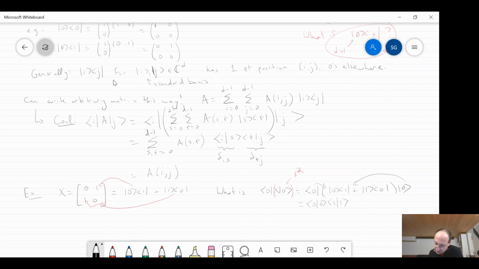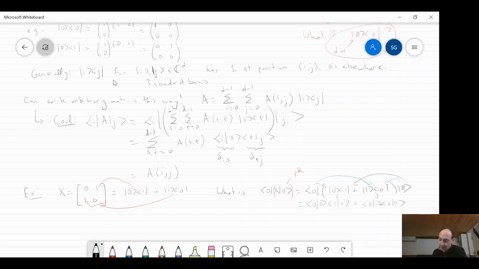Oh, sorry, yes. Except that it should be 0 there. So not yes, but no. Okay, so bra 0 goes against ket 0, bra 1 goes against ket 0, plus bra 0 goes against ket 1, bra 1 goes against ket 0. That's this term, that's this term.